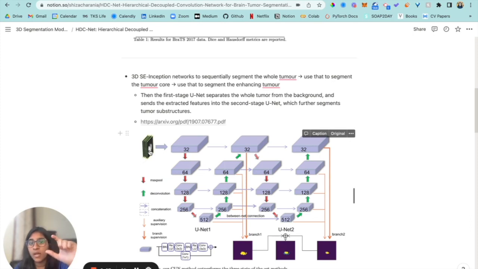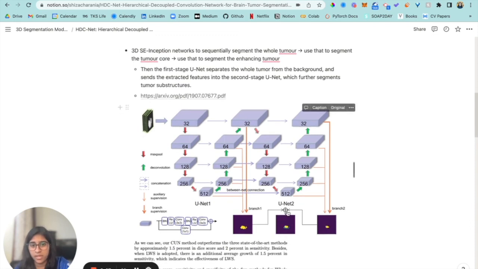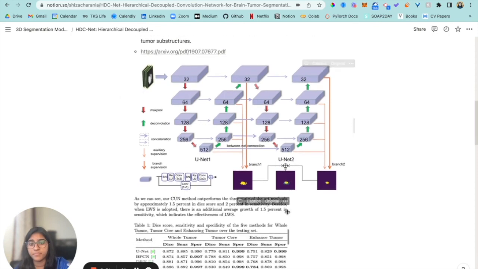And then you segment out the whole tumor first. Once you segment out the whole tumor, you pass it on to the first stage U-Net. You go through U-Net 1, which segments one tumor substructure. Then you go through the other one, which segments the other tumor substructure, and then you combine them together by adding them. And that's the concatenation.